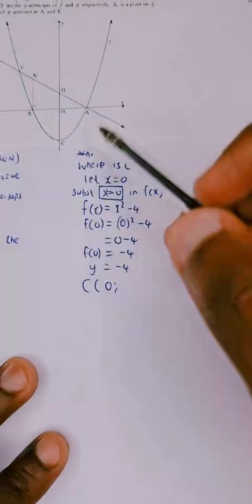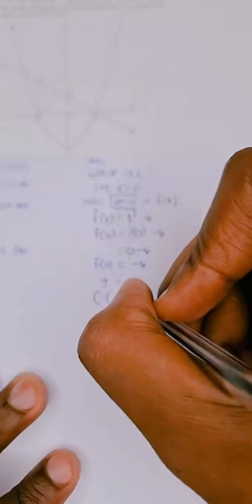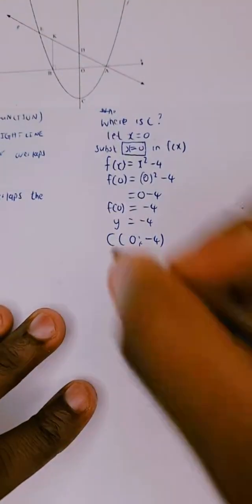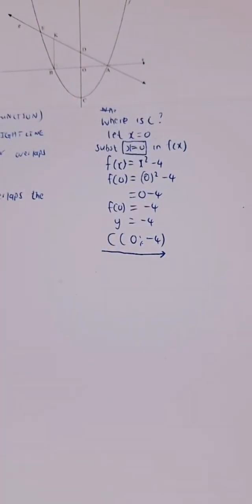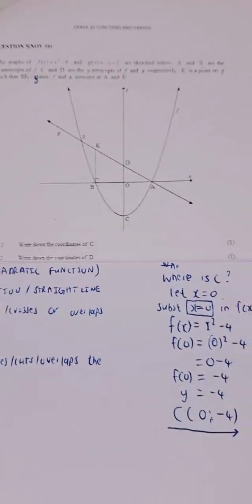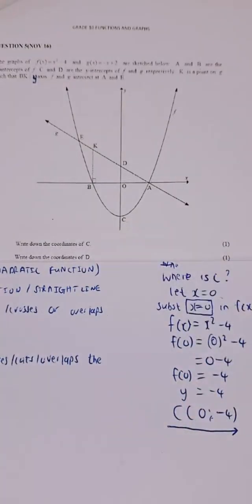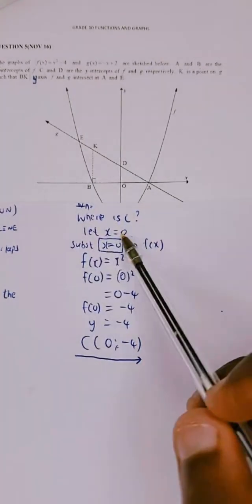So that means the coordinates of C are 0, which stands for the x coordinate, and negative 4, which stands for the y coordinate. So here, guys, we have written down the what? The coordinates of C, which are what, guys? Remember, they said we need to write down the coordinates of C. And so this is how we get the coordinates of C, all right, by letting x be equal to 0.